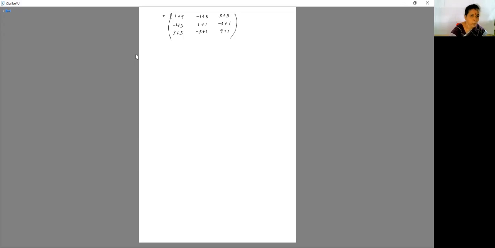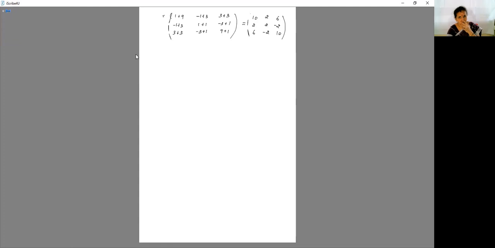So the product A transpose A is like this. If we add, it is [10, 2, 6; 2, 2, -2; 6, -2, 10]. So this is our A transpose A.